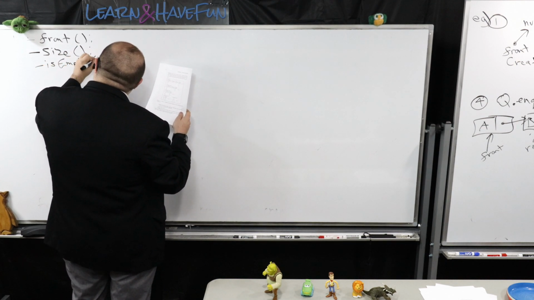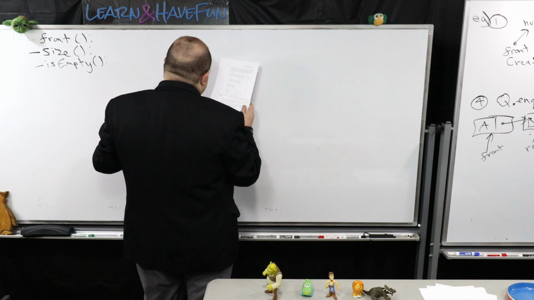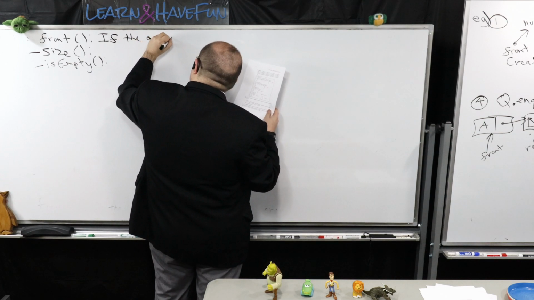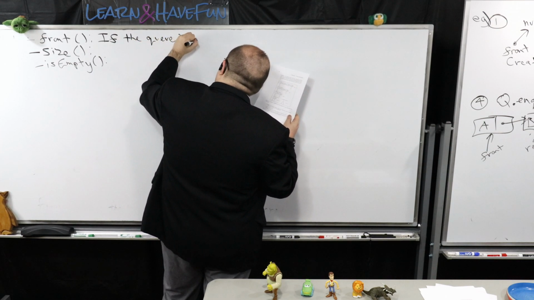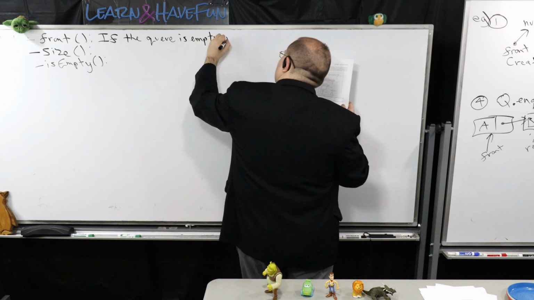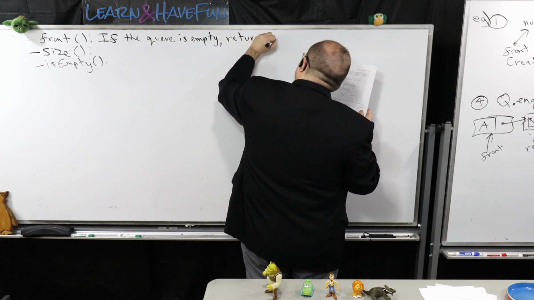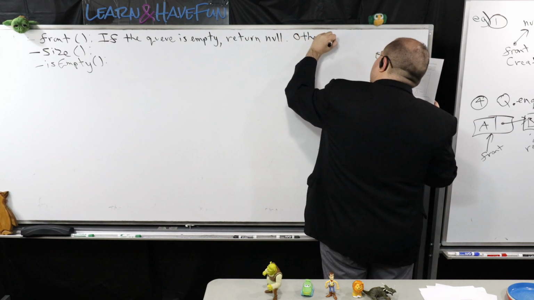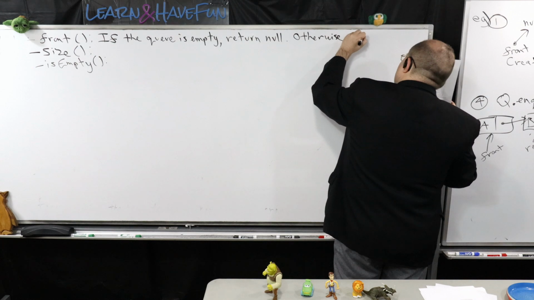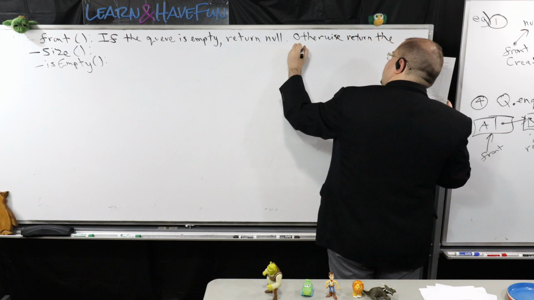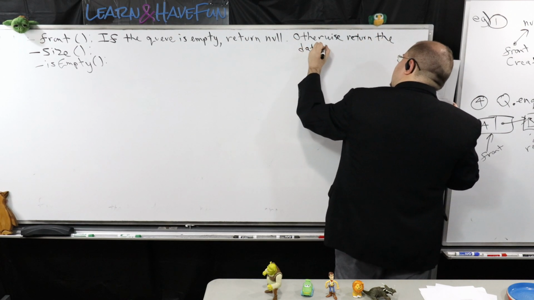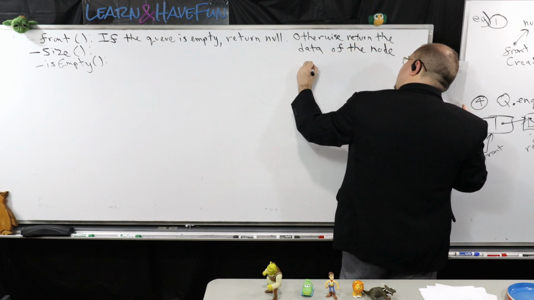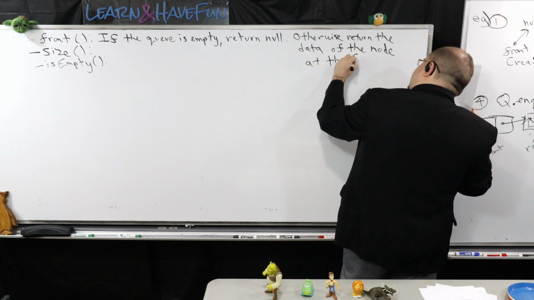They're just like what you would do with a stack, except in front, if the queue is empty, return null. Otherwise, return the data of the node at the front of the linked list.